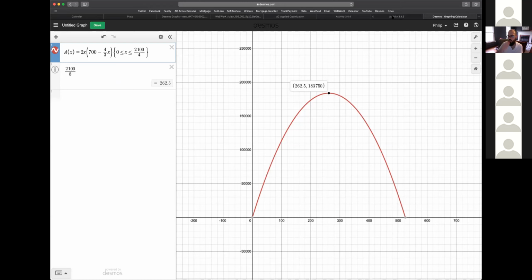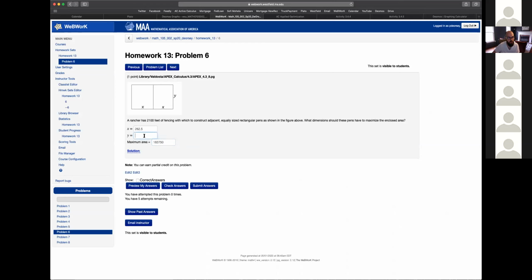And so what would our y coordinate be then? How do we go back? We still need to fill in this right here. This is x and this is x. What's y?